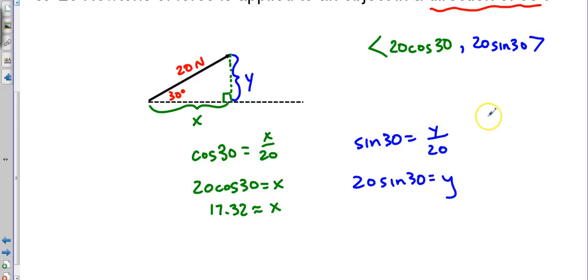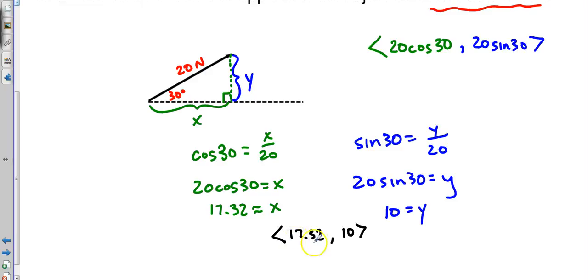So one of my component forms looks like this. I can also go ahead and plug that number into my calculator, so let's go ahead and do that. And what that spits out is 10. So the other way that I can write this is my component form looks like this: 17.32, comma, 10.